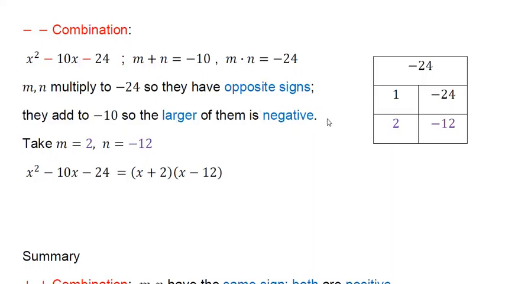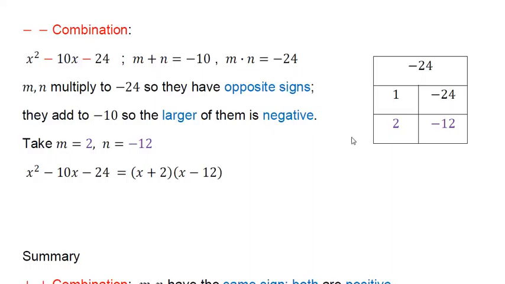So we can make a chart of integers multiplying to minus 24 with the larger integer being negative and the smaller integer being positive. First off, we have 1 times minus 24, but 1 plus minus 24 is not equal to minus 10, so this doesn't work.